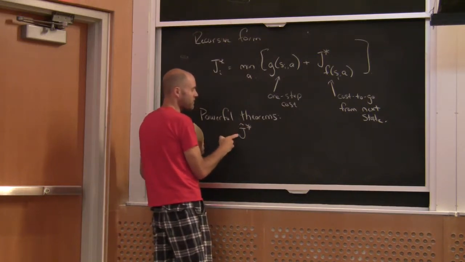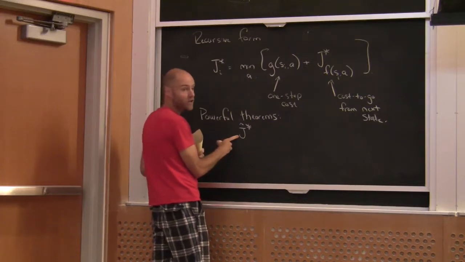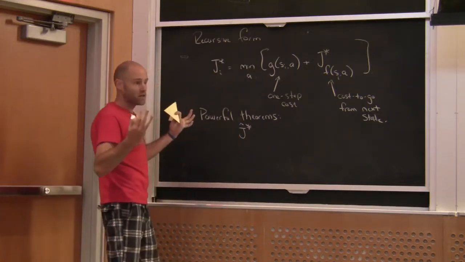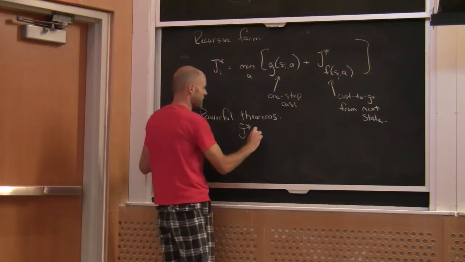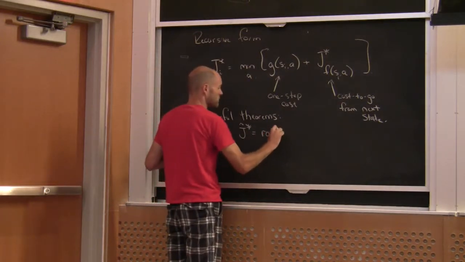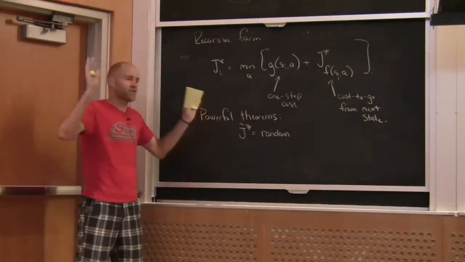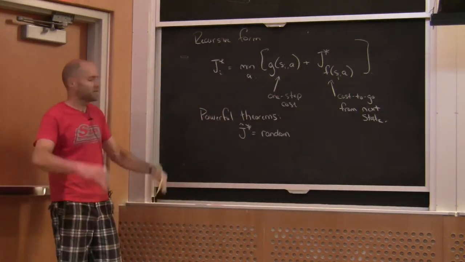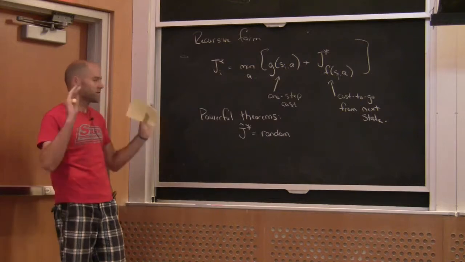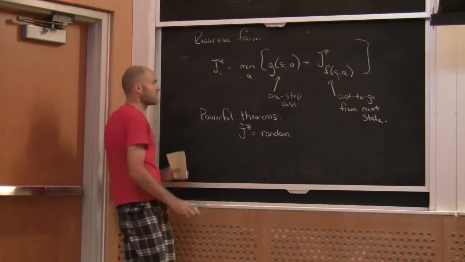Let's just say I start off with my guess for the cost to go. I'm going to write down for every node in the graph a random guess. I don't know, the cost to go from state 1 is 12, state 2 is 14, whatever, just write random numbers down.